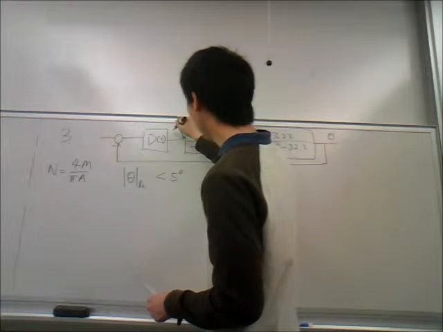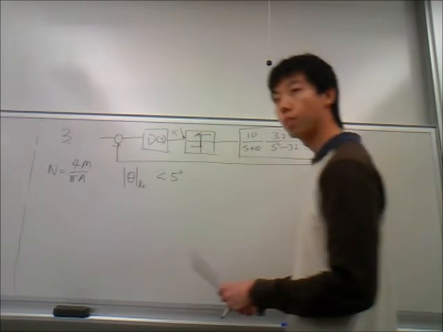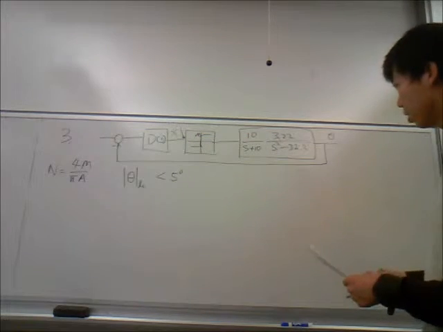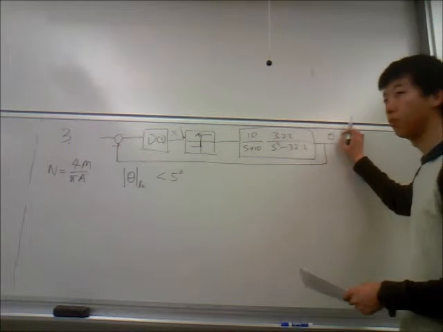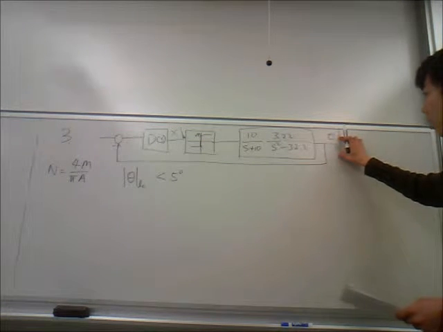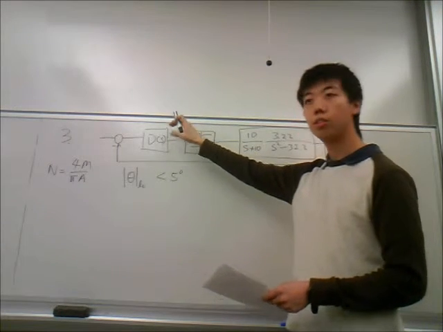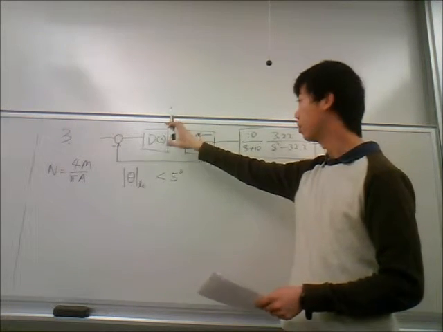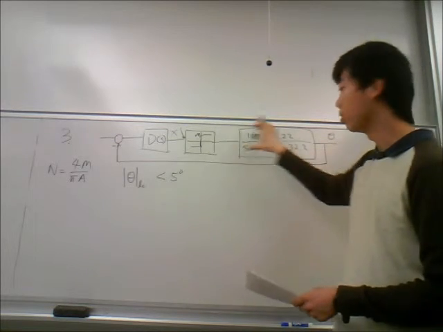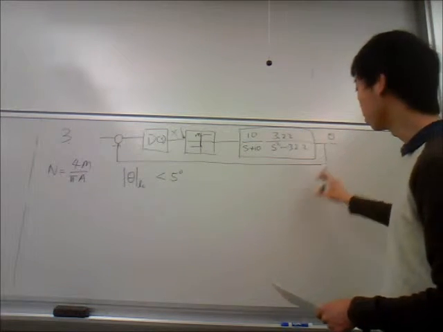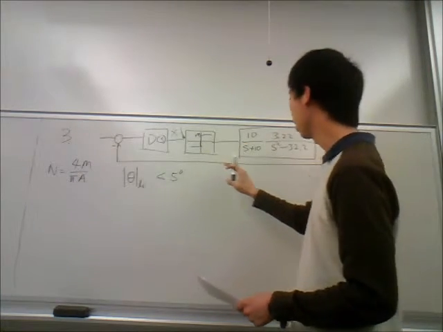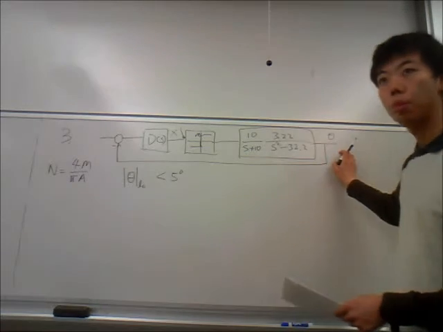And if I just call this part x, to find the magnitude of theta, we have to essentially use the magnitude that's coming here, and bring that over through this transfer function to theta. So we need the transfer function from x to theta.